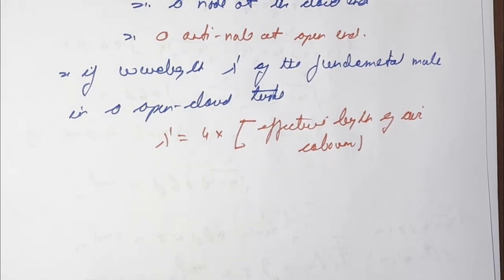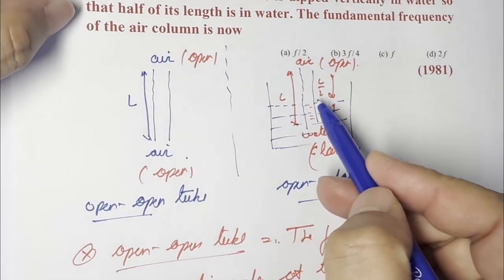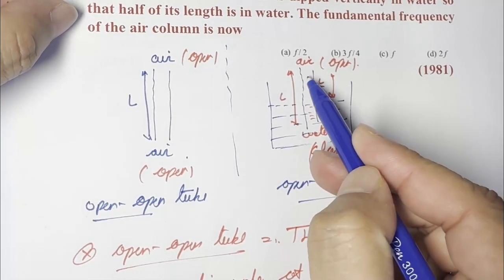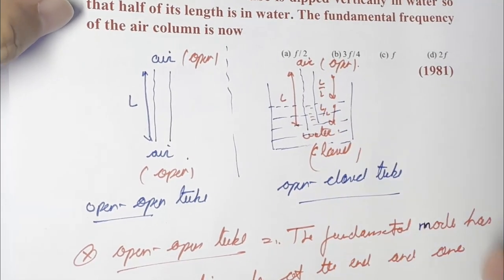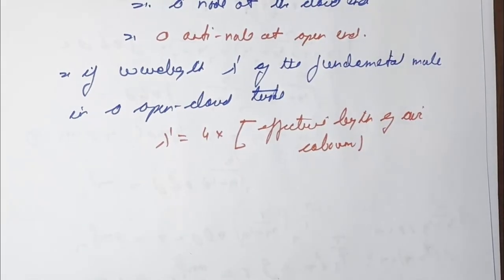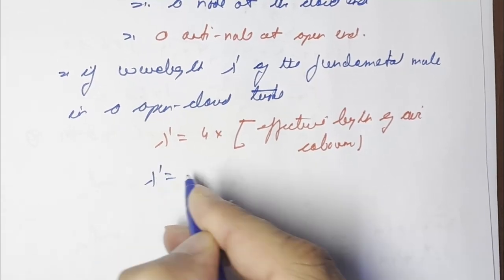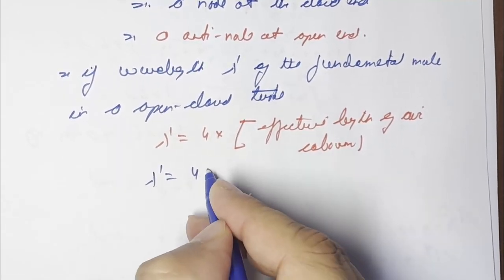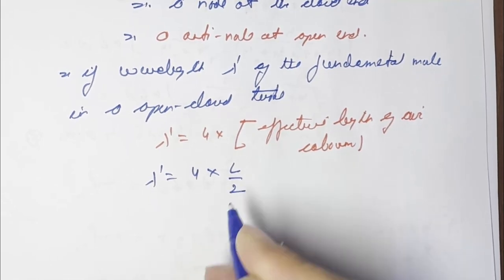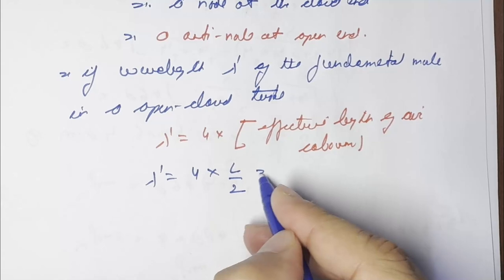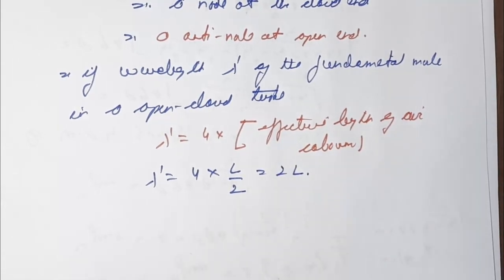From the figure also, this part L by 2 is only having the air now. So lambda prime will be equal to 4 multiplied by L by 2, and this gives us 2L.